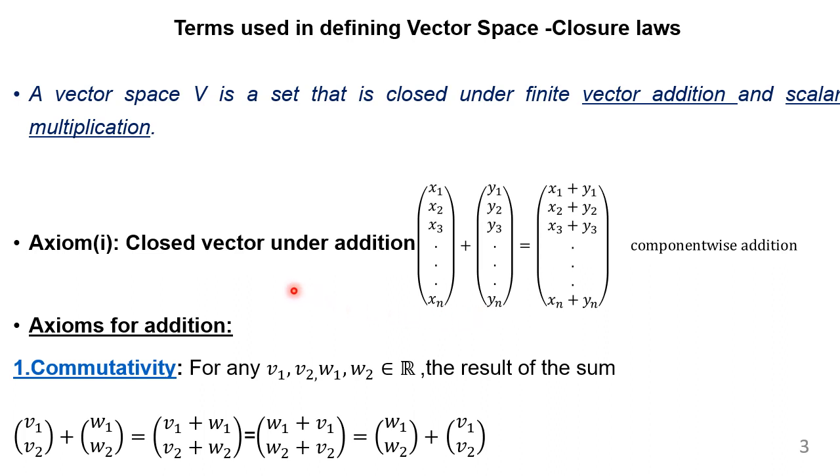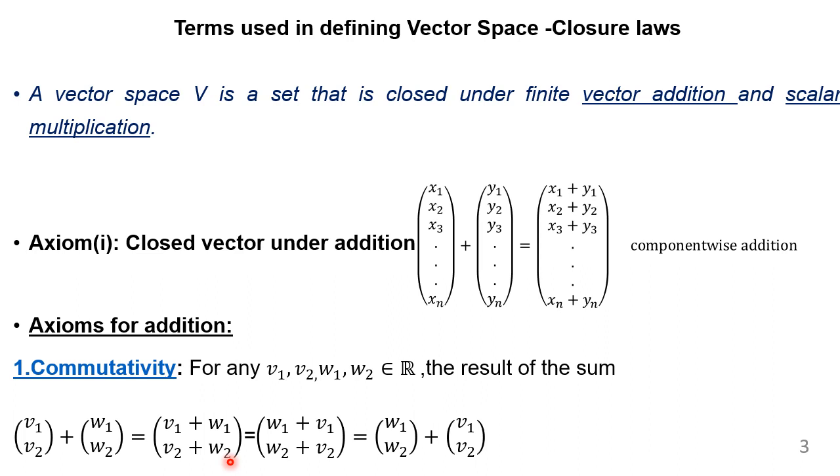Under this vector addition, we have four more axioms for vector addition. The first one is commutativity. Here v1, v2 and w1, w2 are vectors belonging to R. The sum of v1, v2 added to w1, w2 gives us a third vector space, v1 plus w1, v2 plus w2.